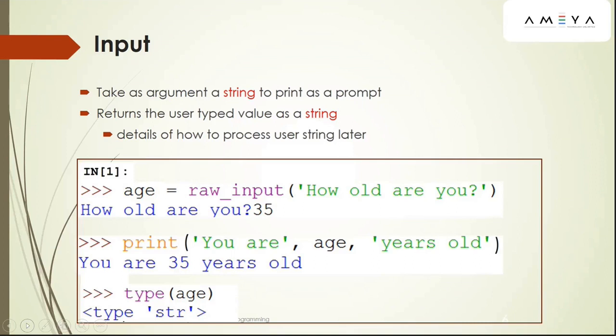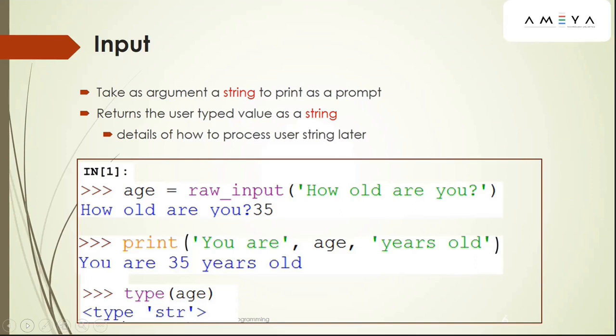Here print is the keyword. In parentheses, I am giving 'you are' as a string. Then to concatenate, I'm using the comma operator. Then I'm giving the variable name, because I stored the value 35 in the variable age. Then again I concatenate, and I'm giving 'years old' as a string. So the result was: you are 35 years old.